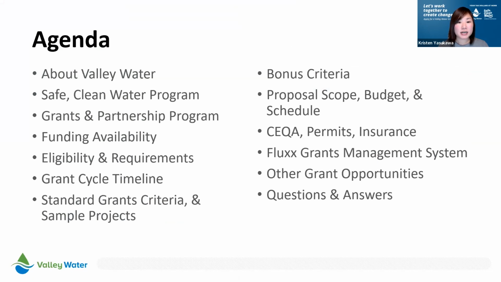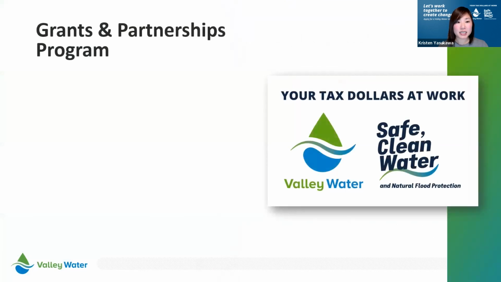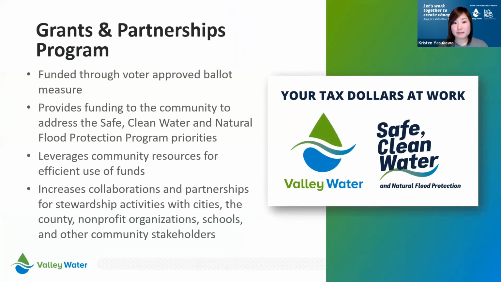So you'll see there our mission and our three pillars. All of our grants and partnerships revolve around those three pillars of our mission, and you'll see that throughout. All right, our next slide is about our grants and partnerships program. So just to give you an overview of where these funds are coming from that we are able to grant out. Our entire grants and partnerships program is funded through a special parcel tax that was most recently approved by voters in November 2020.